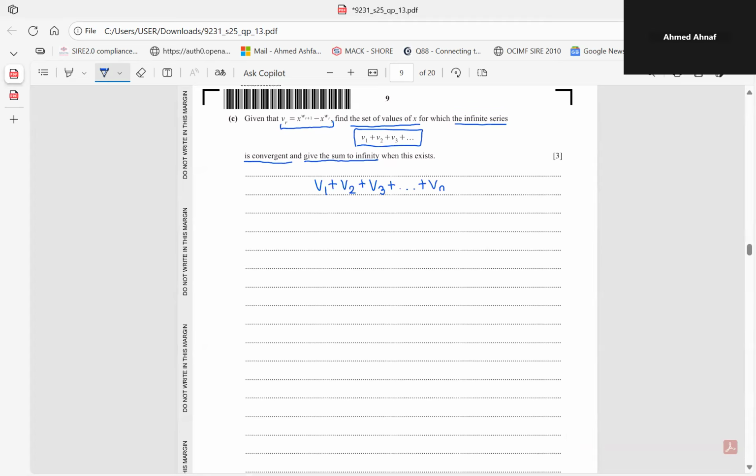You can write this as X to the power W2 minus X to the power W1, plus X to the power W3 minus X to the power W2, plus X to the power W4 minus X to the power W3, all the way to X to the power Wn plus 1 minus X to the power Wn.